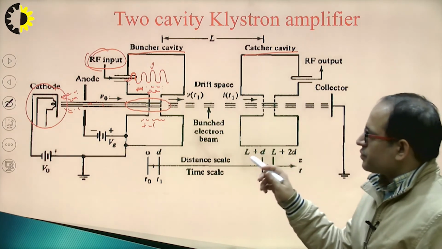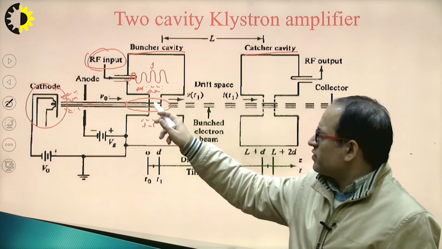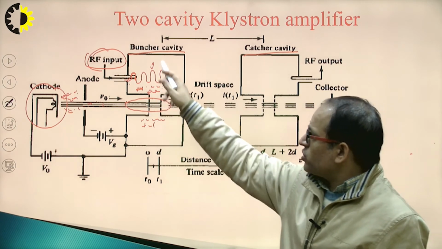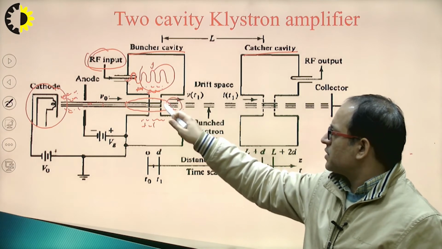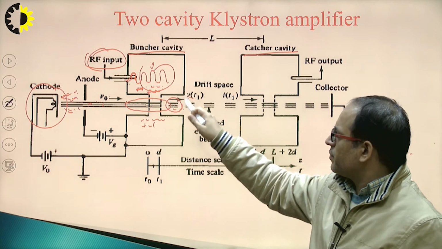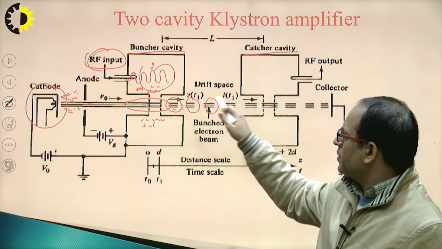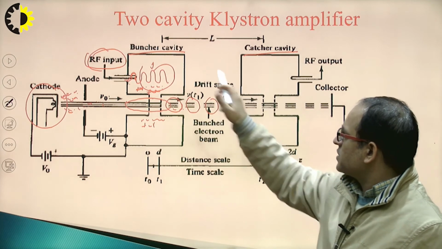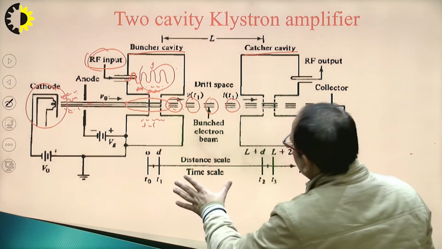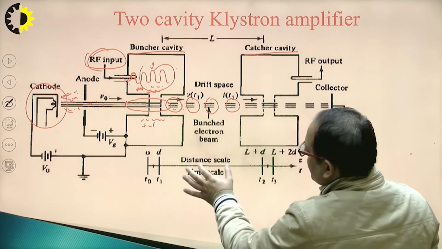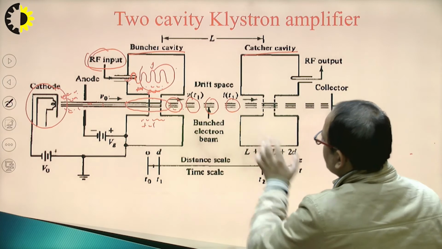Clear? So due to the variation of speed of electrons due to this RF field, the bunching process will take place. The distance between the buncher cavity and the klystron catcher cavity is known as the drift space. Clear?